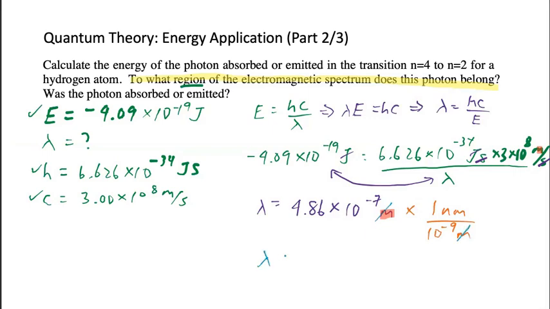So ultimately, if you put that into your calculator, you should get 486 nanometers. And that is in the visible region. And we're done.